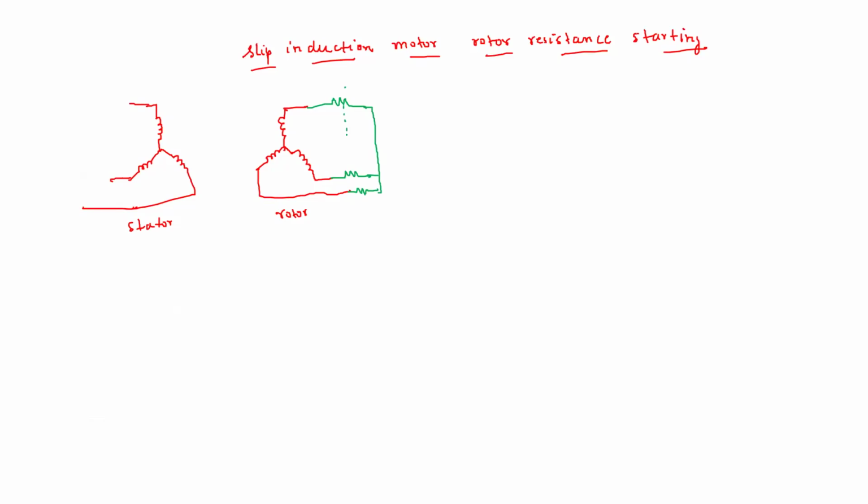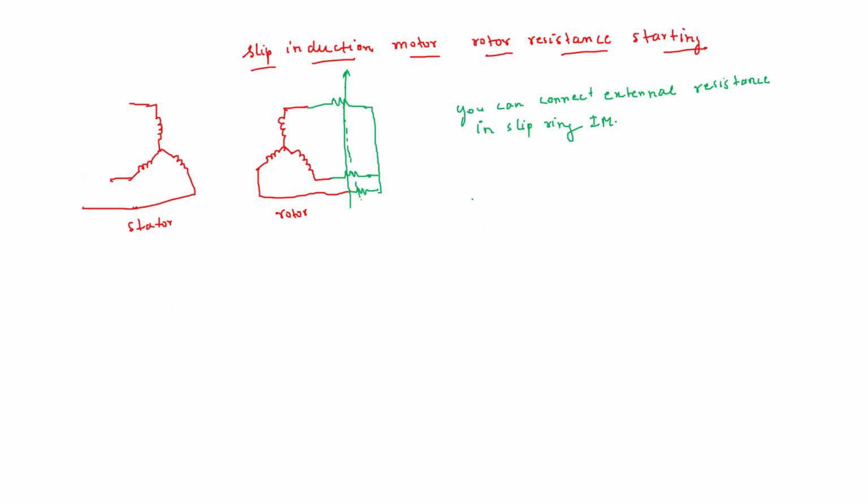Together, you can vary them. So in slip ring induction motor, you can connect external resistance.